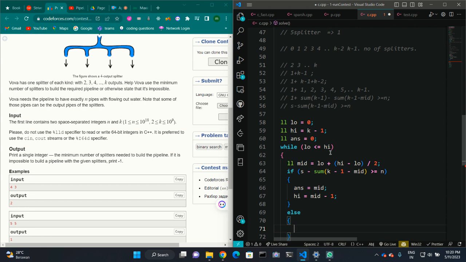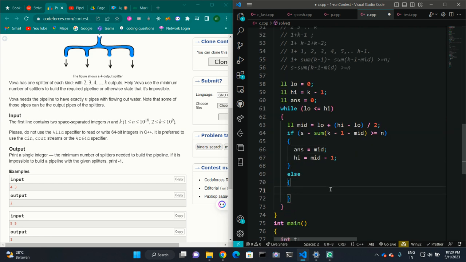That means I can produce the output using mid number. So our constraint is to make minimum splitters, right? So it is possible with mid, so I will check with a lower bound, mid minus 1. So I'm updating here high equals mid minus 1. Here else, low equals mid plus 1.